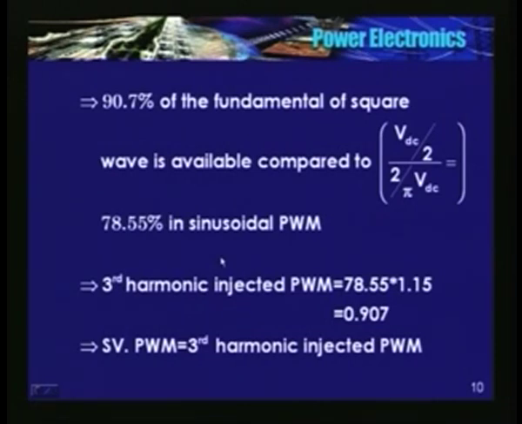I can say that 90.7% of the fundamental of a square wave is available using the space vector PWM technique, compared to only 78.5% in the sinusoidal PWM technique.